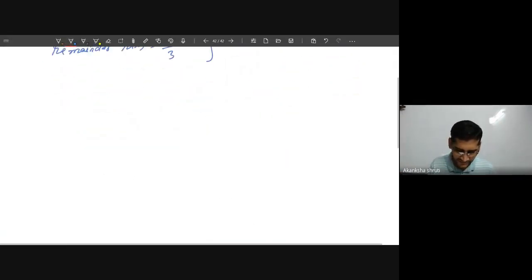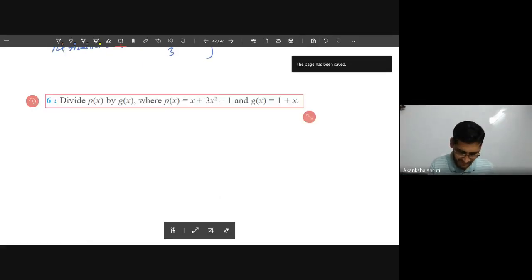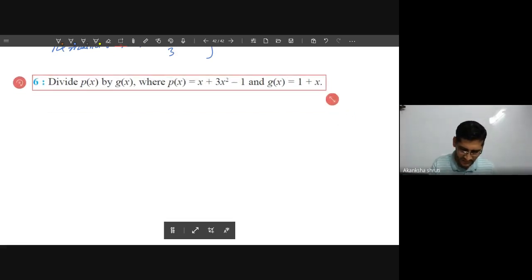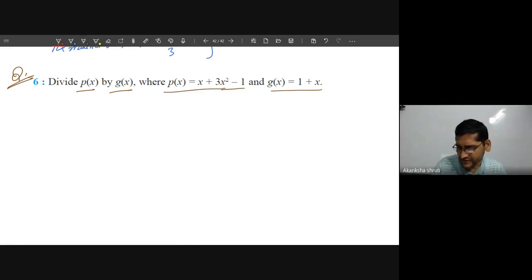Students, now you have to do it quickly and please tell me. So the question is this one. You have to divide this px by this gx, where px is this one and gx is this one. Okay, students, please do it right now. I will help you to get the answer. Within 5 minutes, we have to finish it. Then we have to end the class. The other one will be the homework.